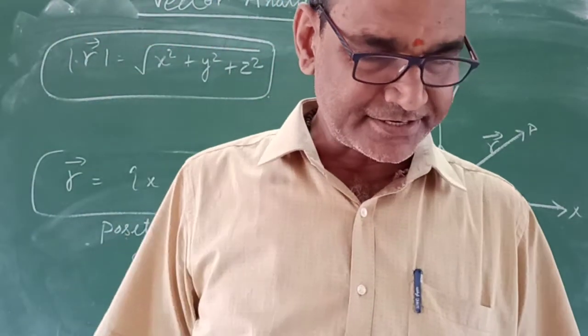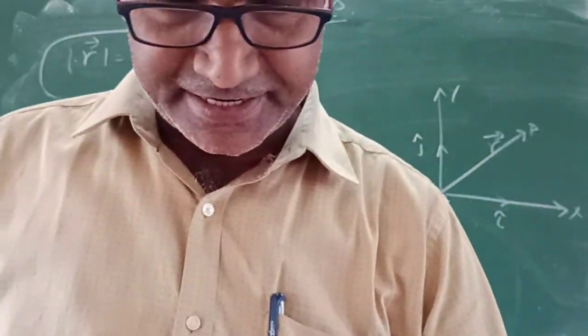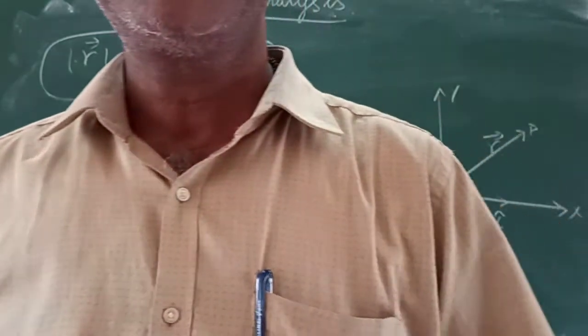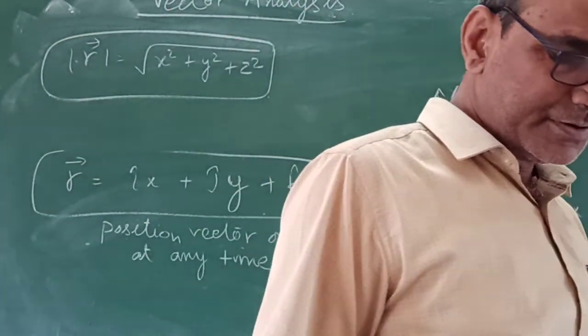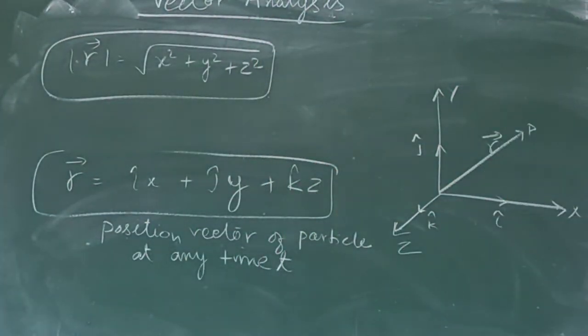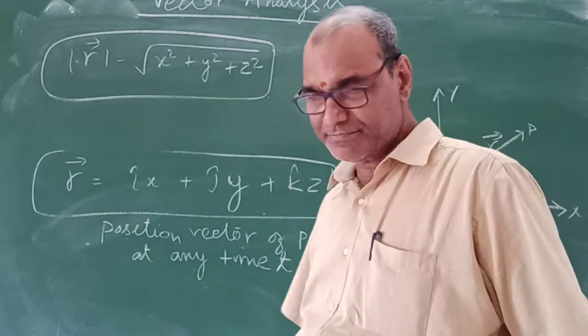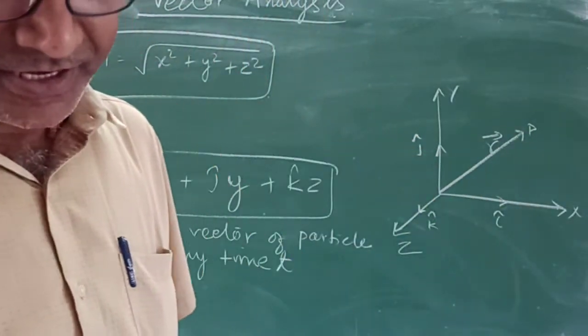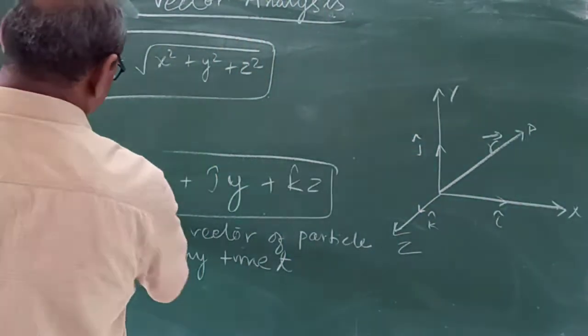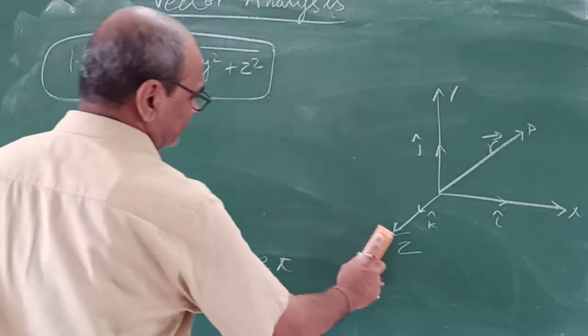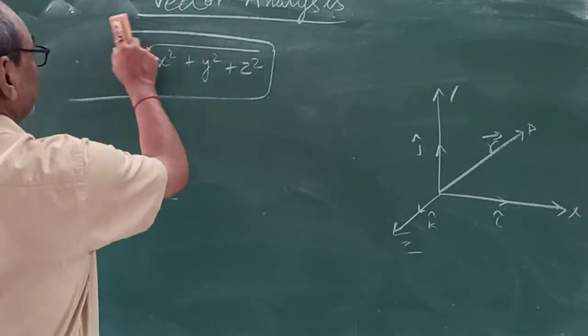Now the direction cosine of a vector. How can we write the direction cosine? Let the vector A make angles alpha, beta and gamma along the x-axis, y-axis and z-axis respectively. That is called the direction cosine.